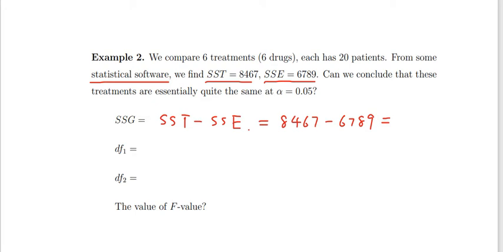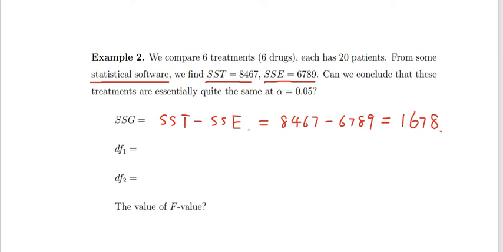So if we know SST and SSE, then SSG equals this, 8, 4, 6, 7. A little bit of calculation, 6, 8, 9. So we say this equals 1, 6, 7, 8.